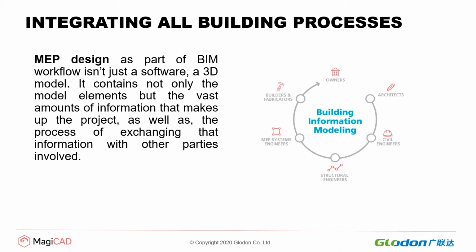You can exchange this information with the other parties in the project, like structural engineers, architecture engineers or the fabricators. You can also collaborate with them. So when it comes to BIM, we always need to coordinate, collaborate, and communicate, right? So we can also communicate with other people.